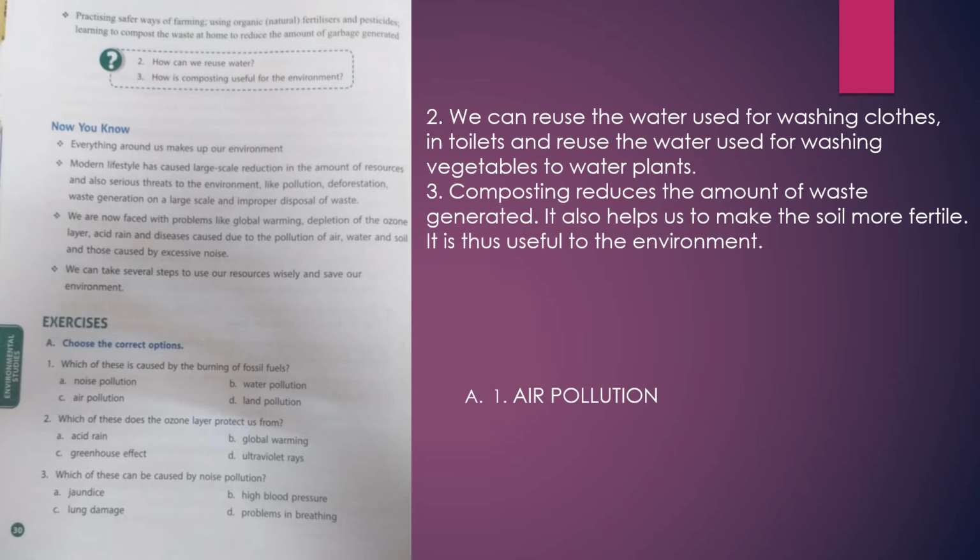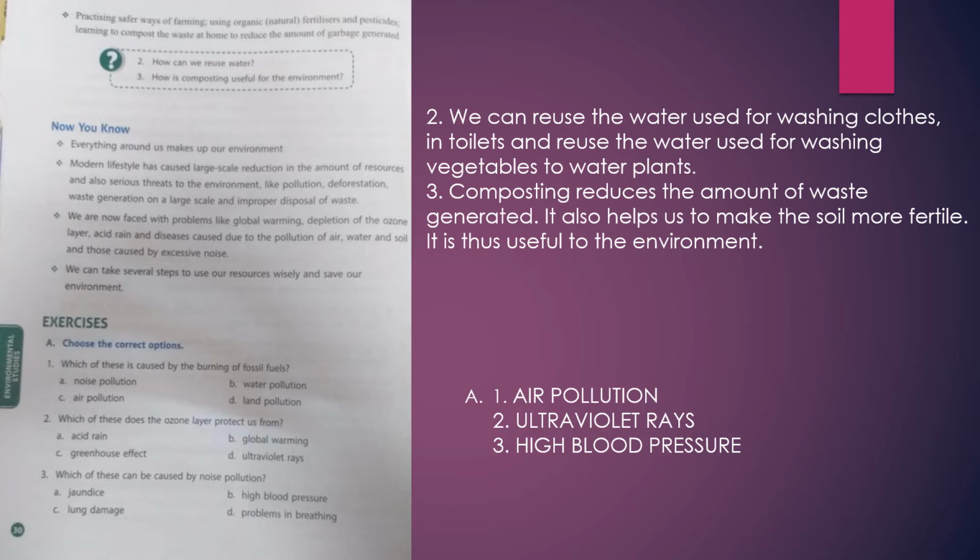The answer is ultraviolet rays. Third question. Which of these can be caused by noise pollution? 4 options are there. Jaundice, high blood pressure, lung damage, problems in breathing. The answer is high blood pressure.